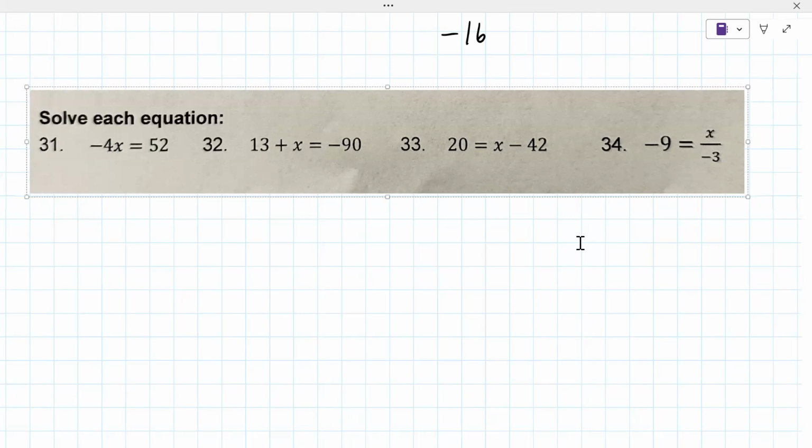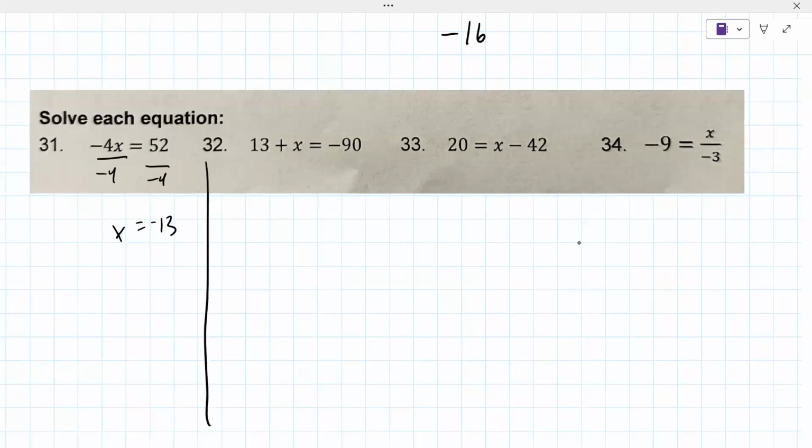And 13 plus x minus 13, x equals 103. Then 2x equals 62.